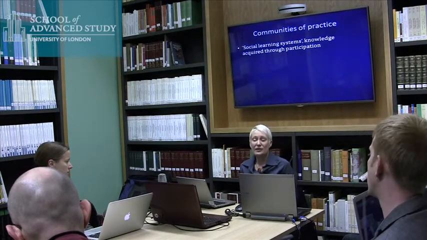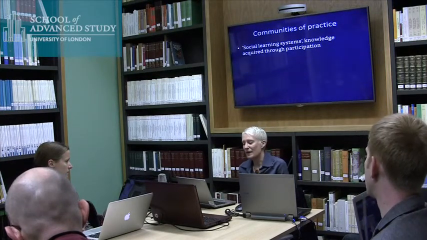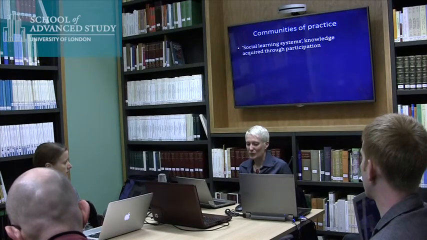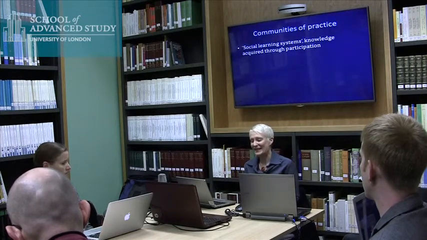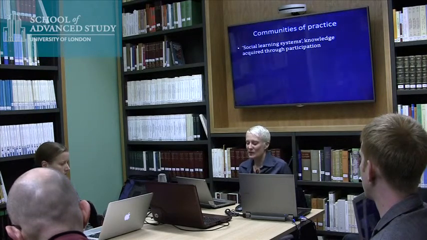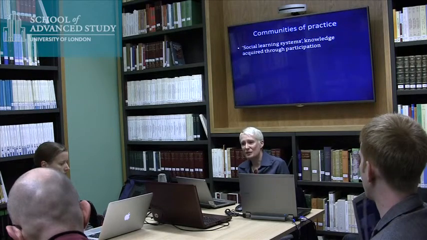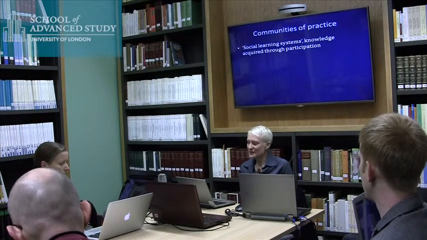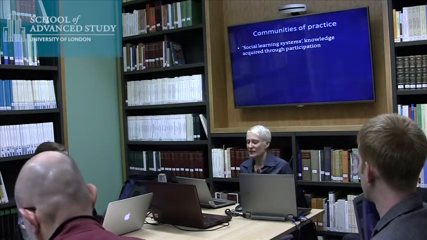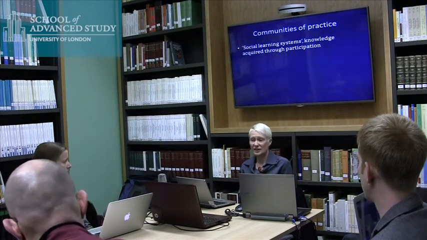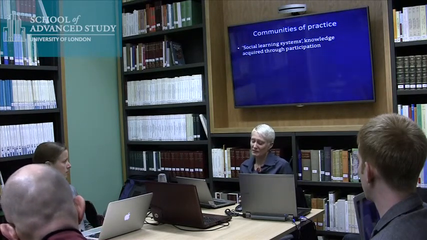So these online conversations are an example of what could be called legitimate peripheral participation, which is a process whereby newcomers start off engaging in simple practices. So you might lurk on a forum before you start to post your first question. But then you gradually get involved in levels of participation that make you a legitimate but peripheral member of the community.